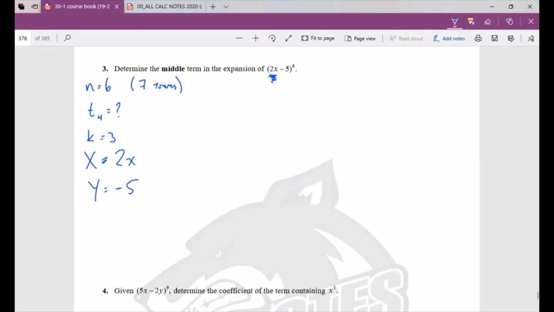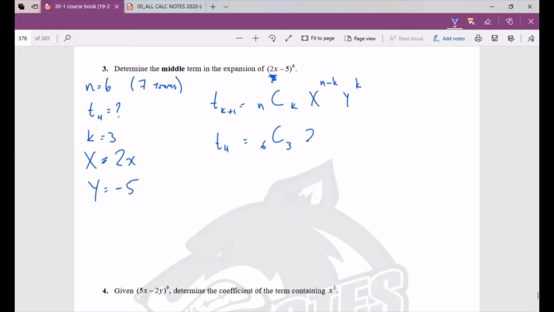Let's see what we have. T(k+1) is equal to nCk, X to the n minus k, Y to the k. We are looking for T4, so therefore k is 3. We have 6C3.